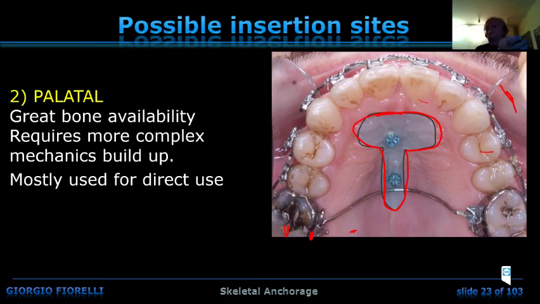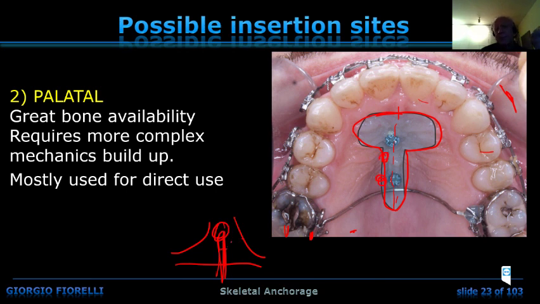I've heard people saying that they prefer not to place the TAD like I've done here, just in the middle of the palatal suture, because they say that when you place a TAD in this position, it might find a lot of connective tissue. So they prefer to place it maybe here.